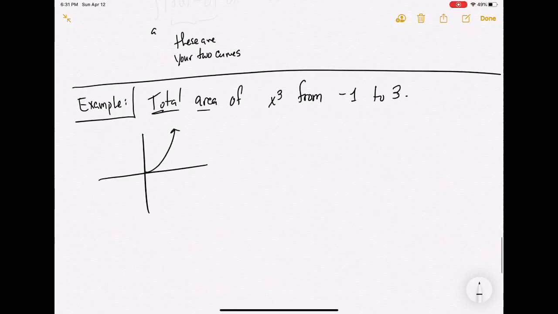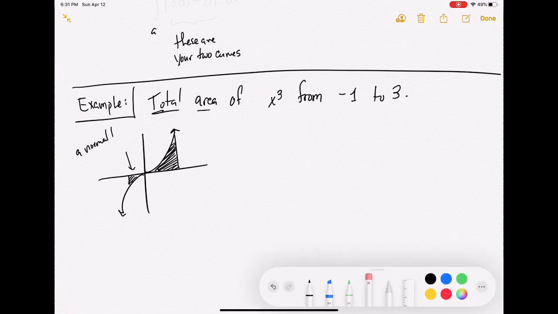X cubed looks like this. From -1 to 3 is here, and then up there. So that's the area we're looking at. But regularly, a normal integral would call this piece on the left negative when it's not.